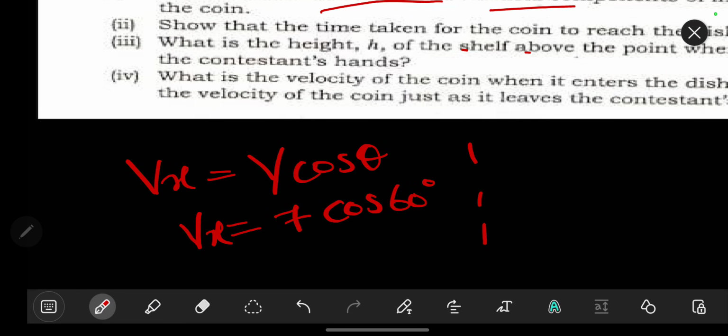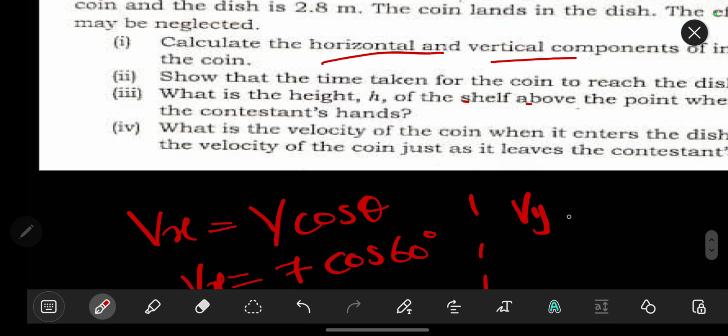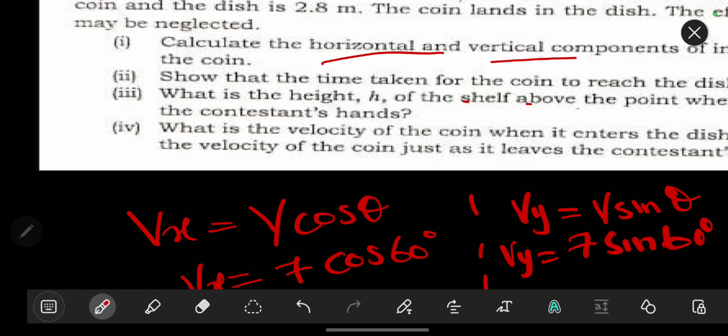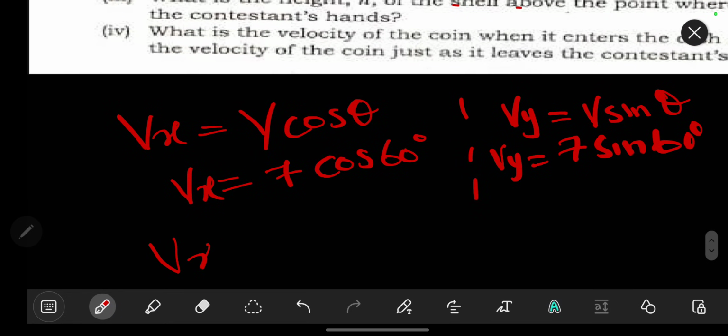Then we also find our Vy. Our velocity in the y is equal to V sine theta. So our Vy should be equal to 7 sine of 60 degrees. We are going to find that our Vx, 7 cos 60, will give us a value of 3.5 meters per second.